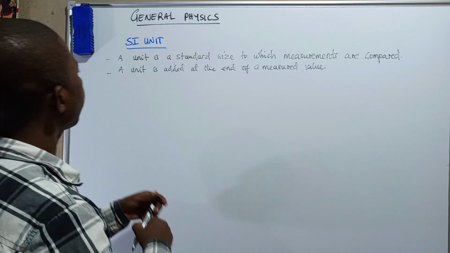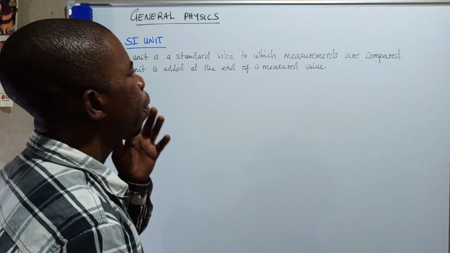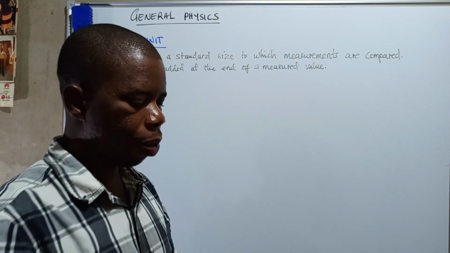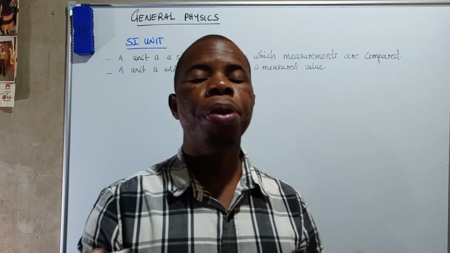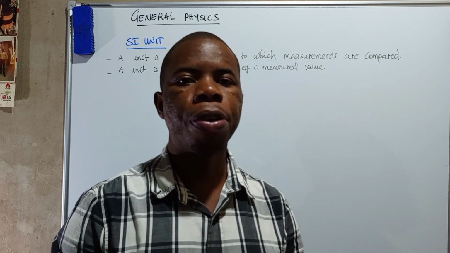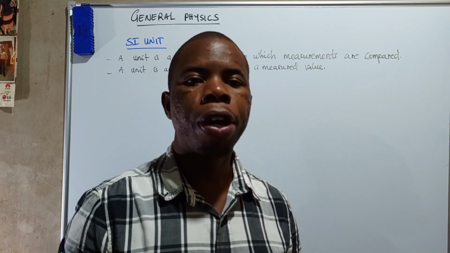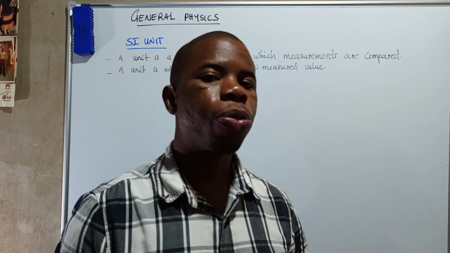Now, why is it important to add a unit at the end of a measured value? The unit enables us to identify what physical quantities we are measuring.